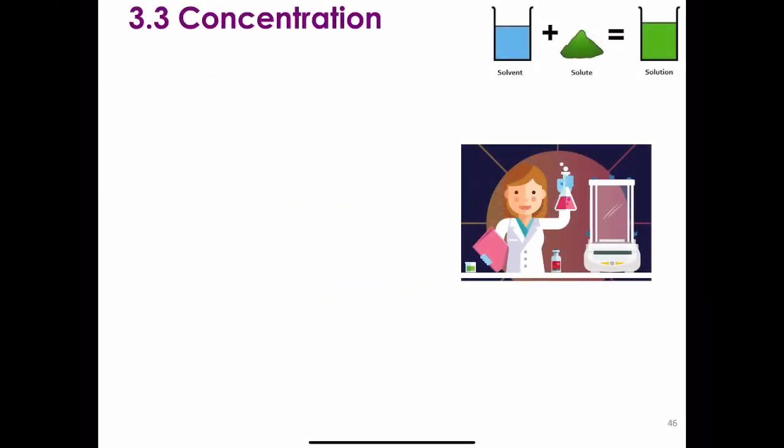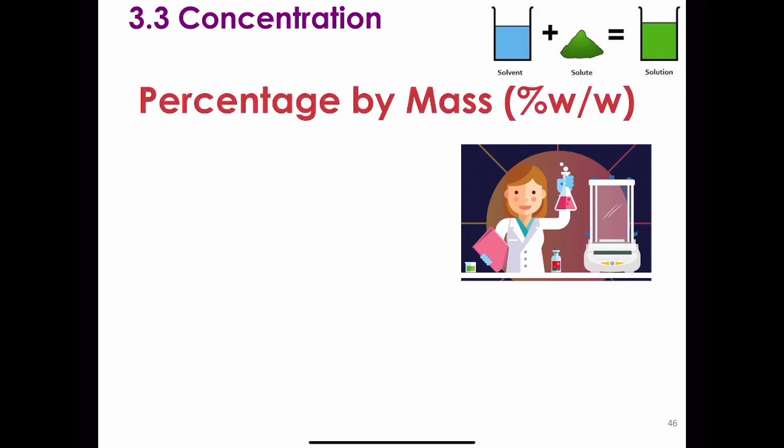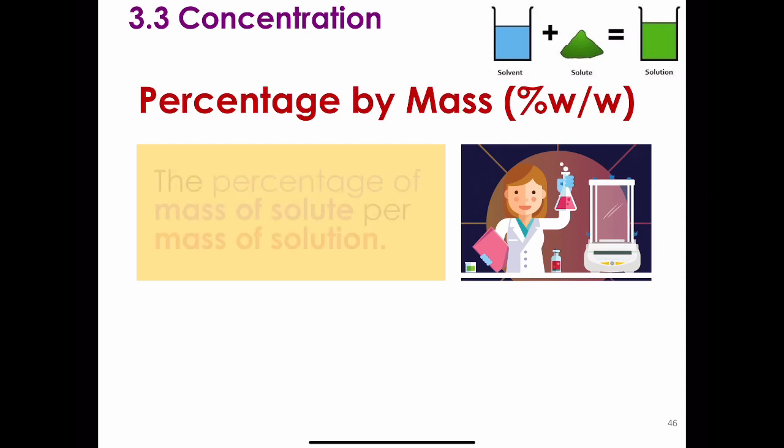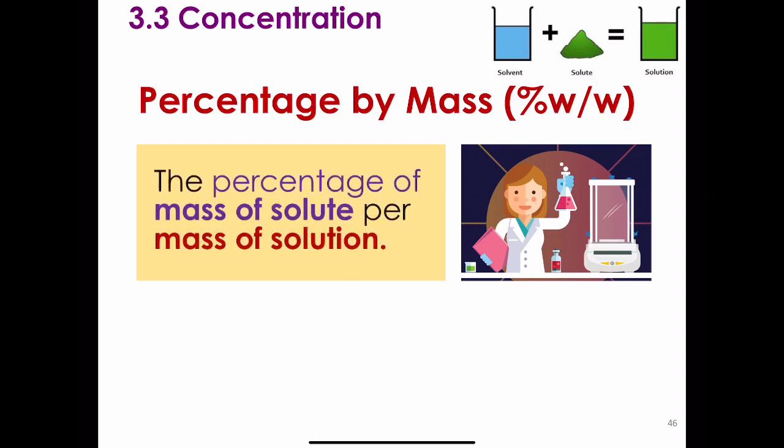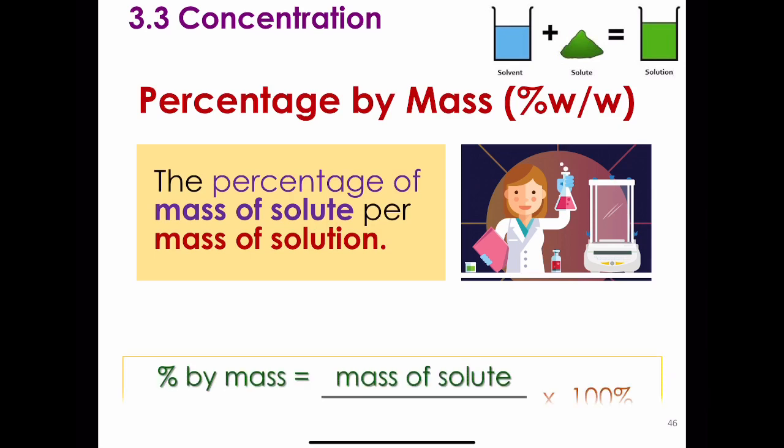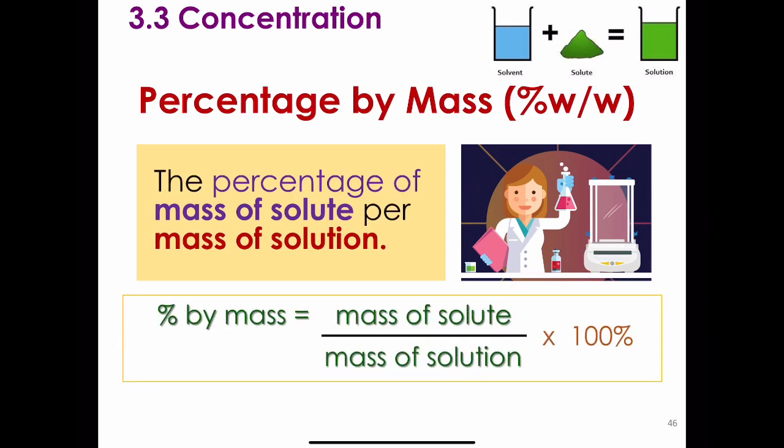Okay, so now the last one yang kamu kena tahu definition dia adalah percentage by mass. Okay, so percentage by mass is defined as the percentage of mass of solute per mass of solution. Okay, take note sekali lagi, mass of solute per mass of solution. Percentage ke, meaning lepas kamu ambil mass of solute bahagi mass of solution kena darab 100% lah. So ini formula dia.